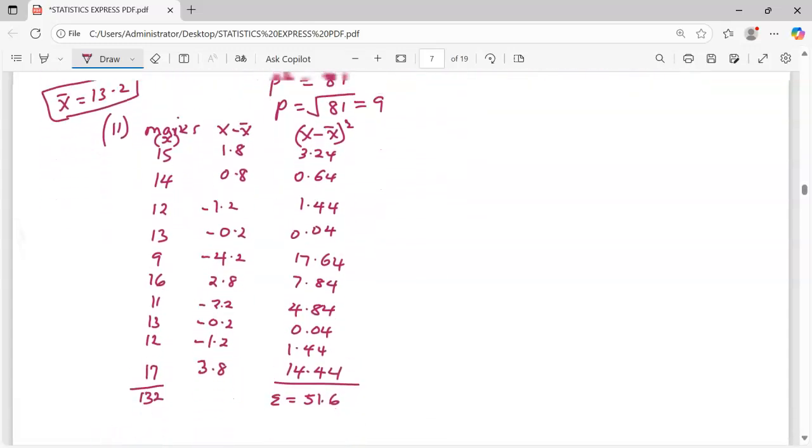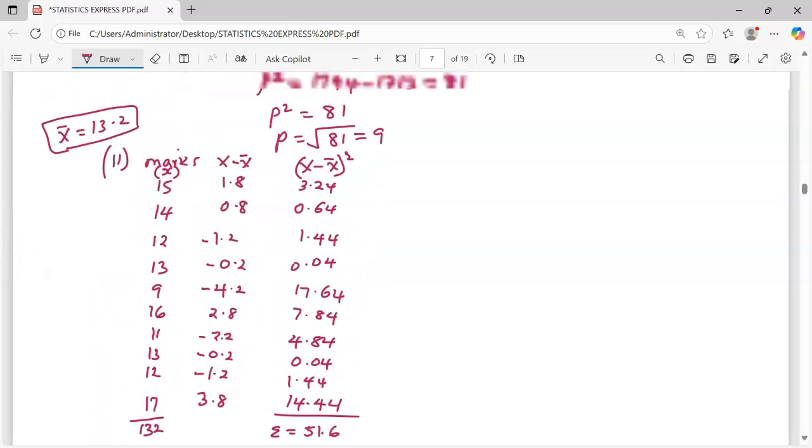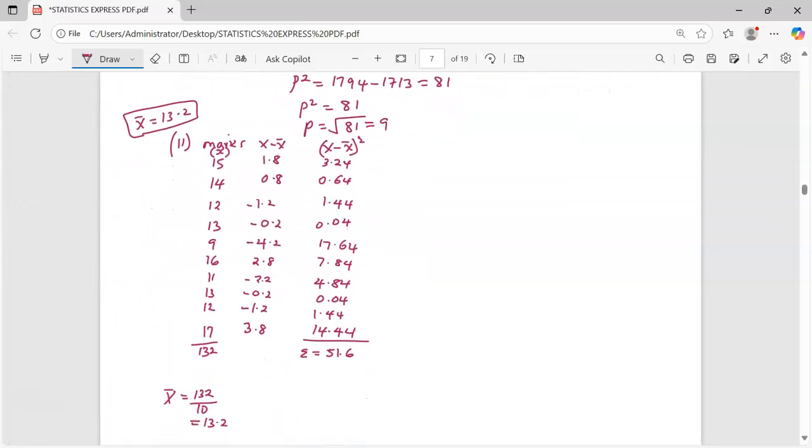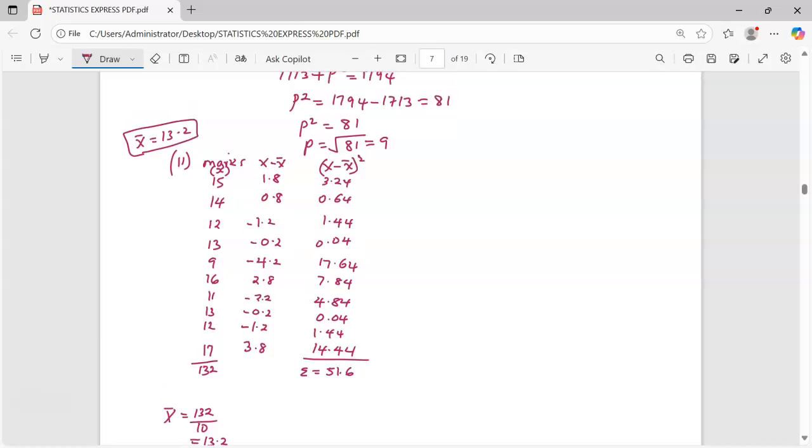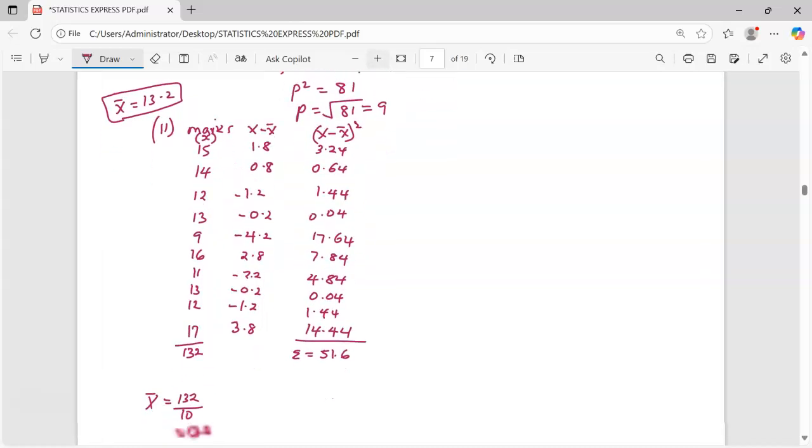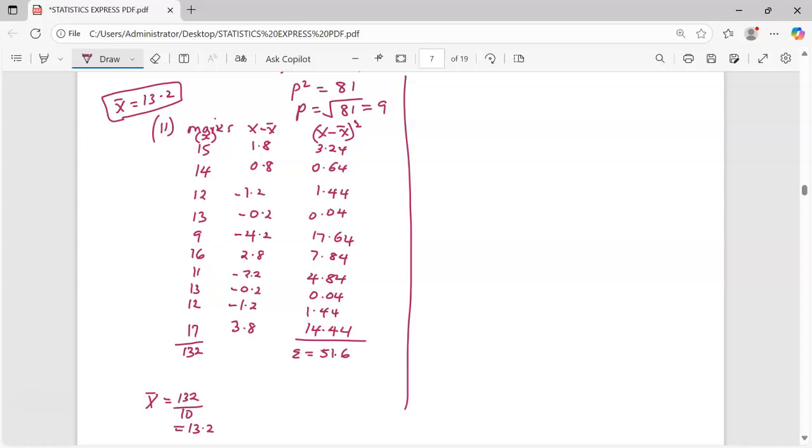Once we have 51.6, we can now work on the standard deviation. The standard deviation will be given by the square root of the summation of x minus the mean of x squared, divided by n, and n is the number of items.